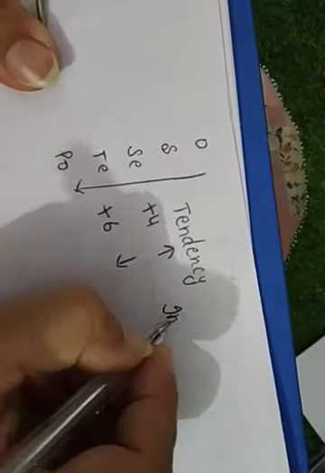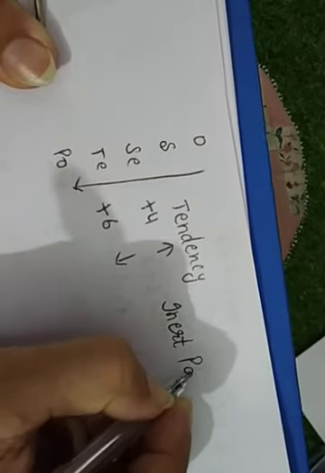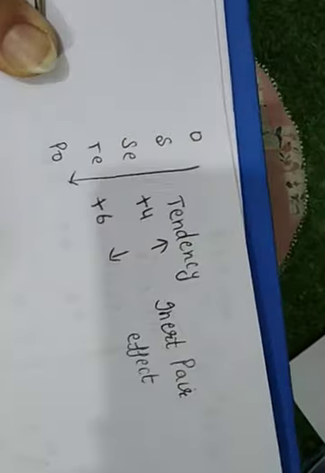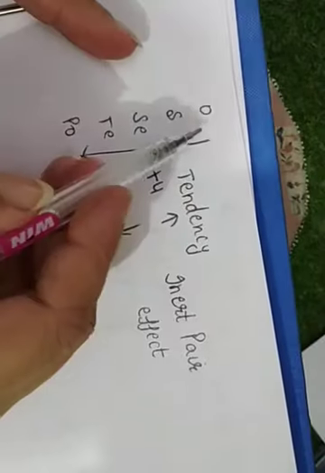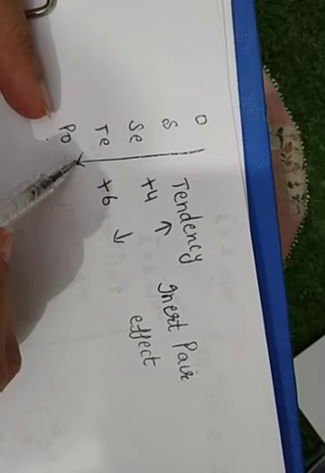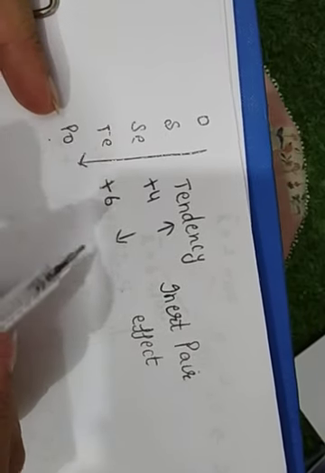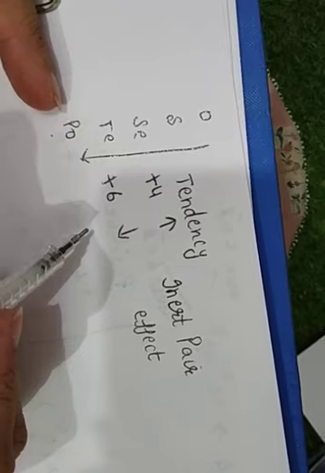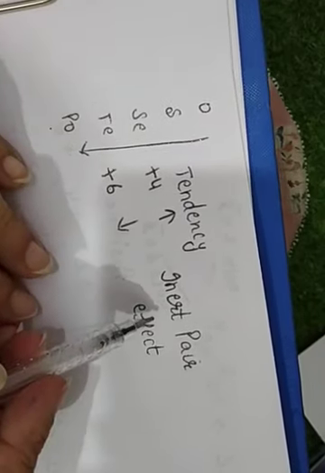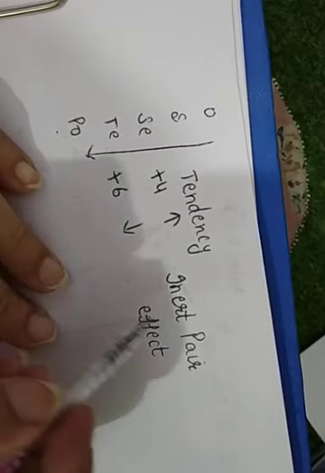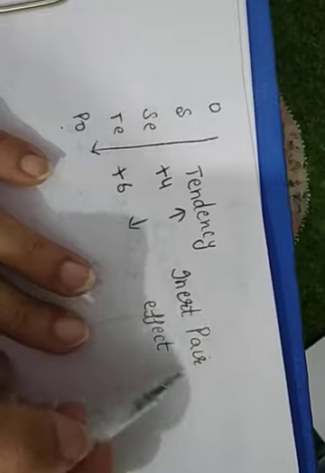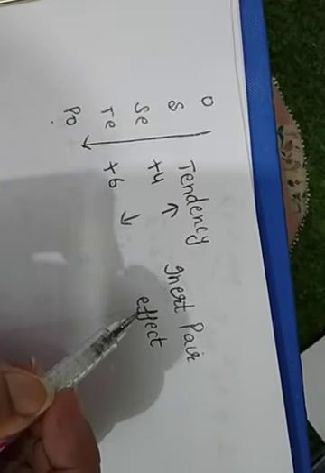The reason is the inert pair effect. As we move down the group, nuclear charge increases, which attracts the s electrons of the valence shell with more power, so they do not get involved in bonding. This effect is called the inert pair effect.